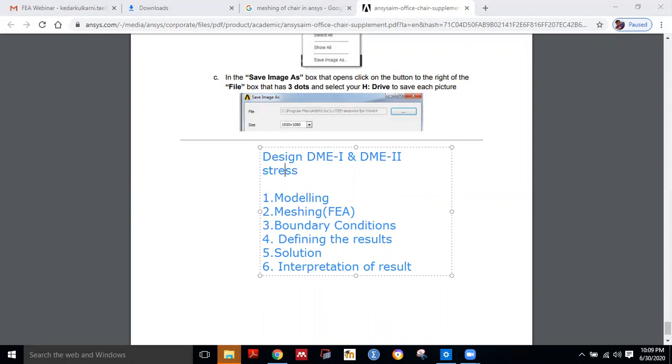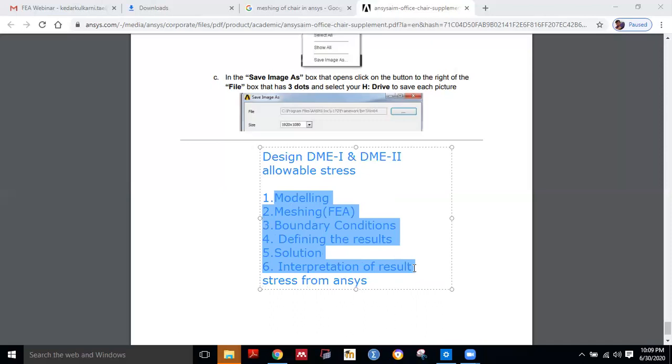We can go for comparing the allowable stress coming from these calculations of any material and the stress from ANSYS. So if these two values are nearer, but the stress from ANSYS should be lower than the allowable stress, then we say that this model is good and we can go for ready to manufacture.